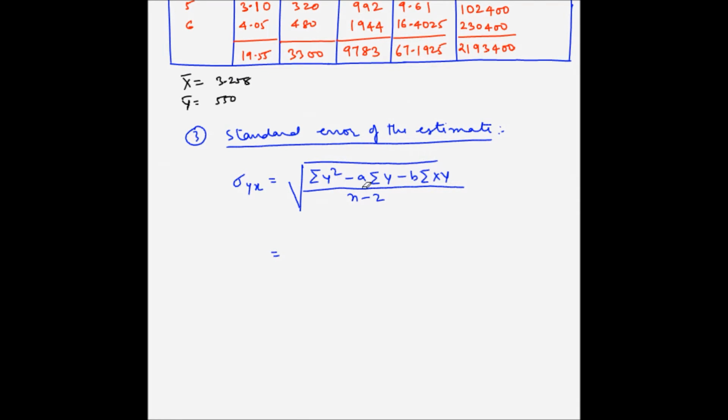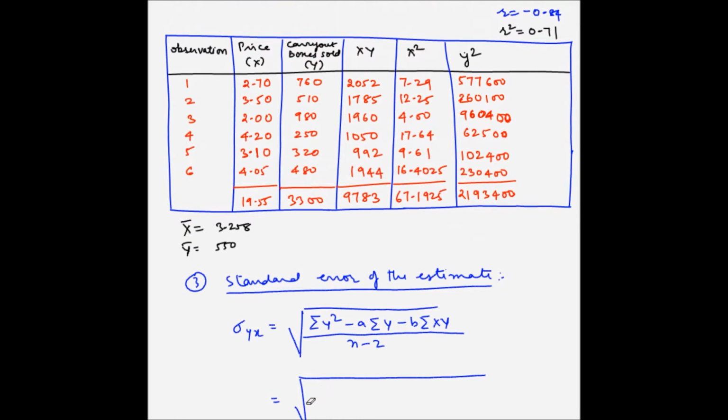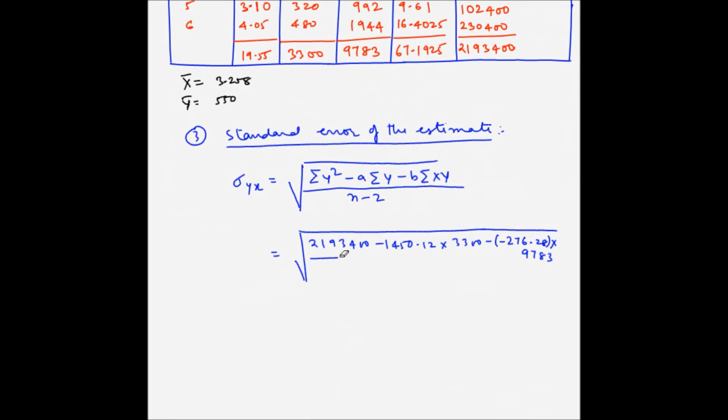So let's plug in these values. Sigma y square is this value here, so 2193400 minus a, which is 1450.12, multiplied by sigma y, which is 3300, minus b, which is minus 276.28, multiplied by sigma xy, which is 9783, and this whole thing divided by n minus 2, which is 6 minus 2.